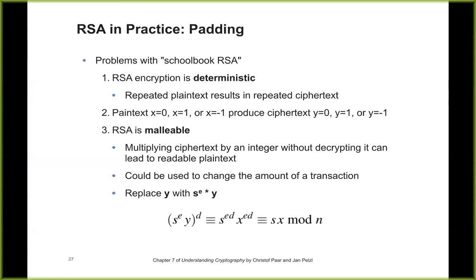So here you can calculate S to the E. Since I know E, if I want to double a dollar amount, all I have to do is take the Y and multiply it by S to the E, which I can figure out. So I can multiply the dollar amount by S. And it'll decrypt to that, and the other person won't know what happened. So that's why textbook RSA is not really that good. It falls to these trivial attacks.